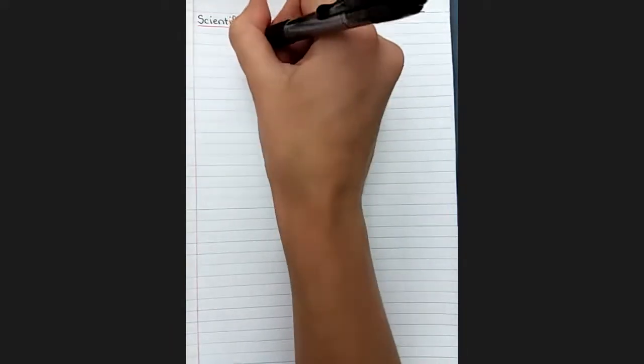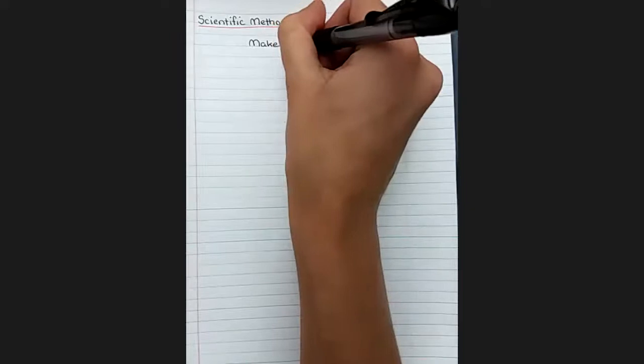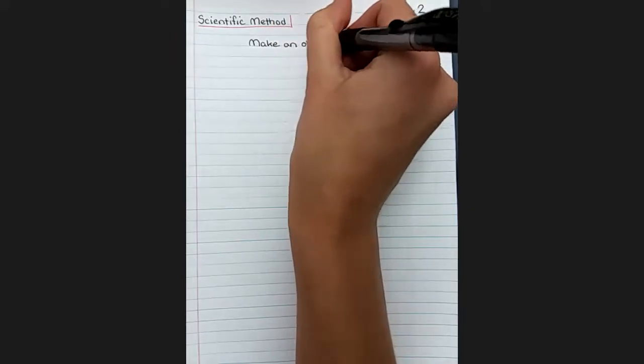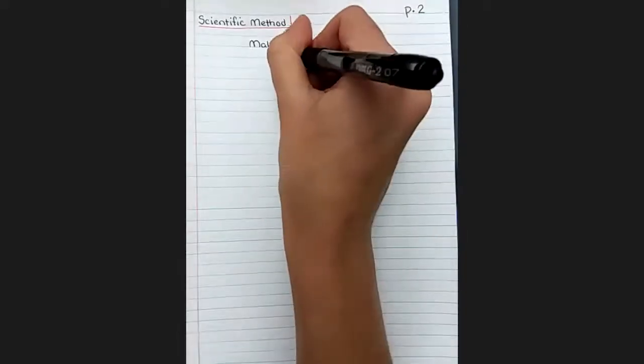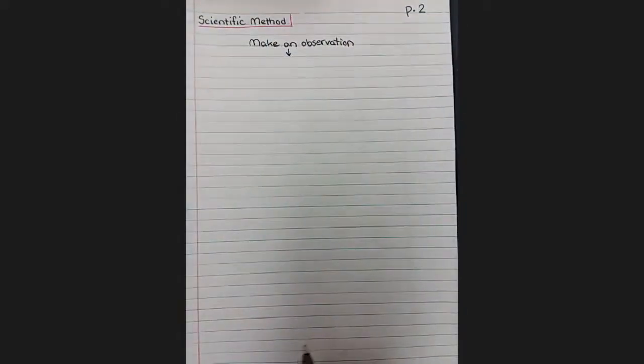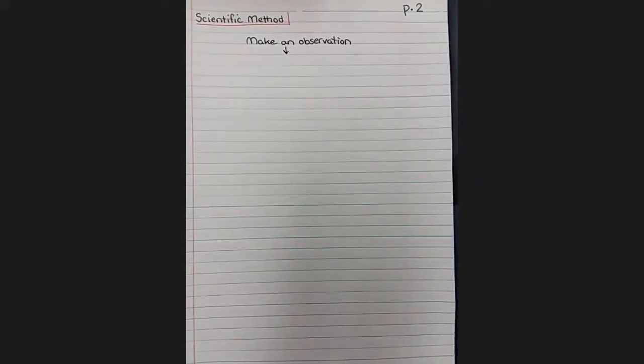The first thing that a scientist does at the beginning of the scientific method process is they make an observation. This could be you walking along on the sidewalk, observing something that you've never seen before. This could be you in a formal laboratory setting, observing an experimental piece of data that doesn't make sense. Just noticing.